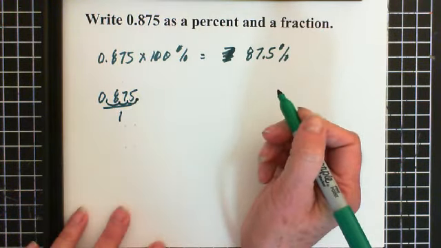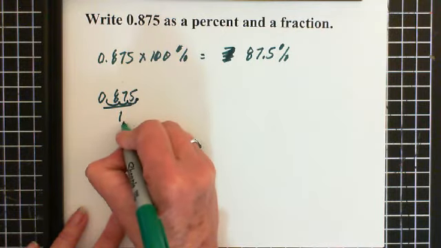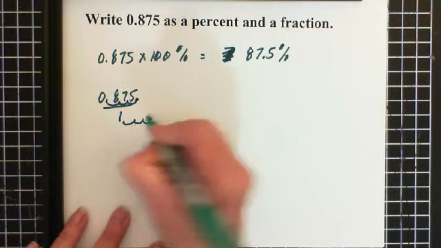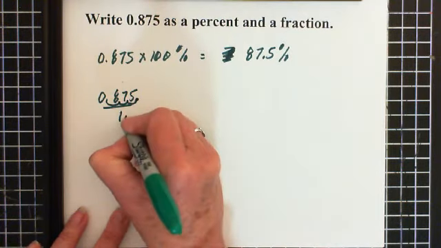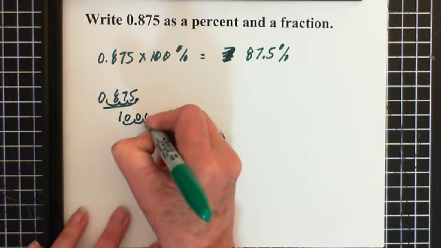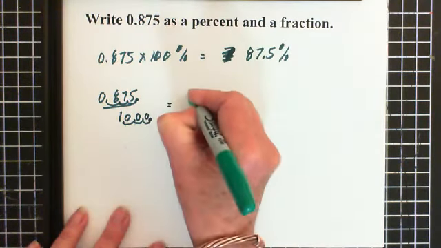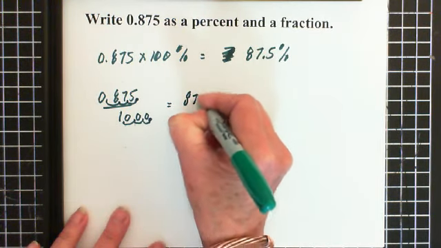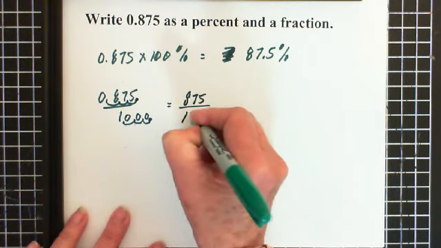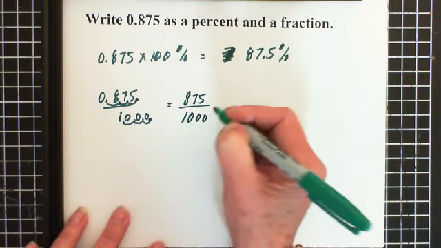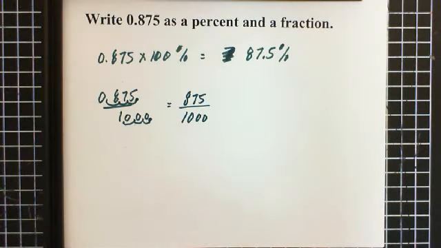We do the same in the denominator, 1, 2, 3 places to the right, and put zeros in those spaces. So we end up with 875 over 1,000.